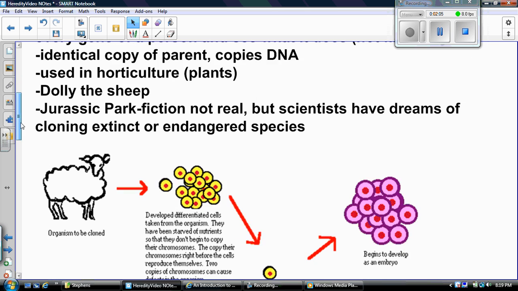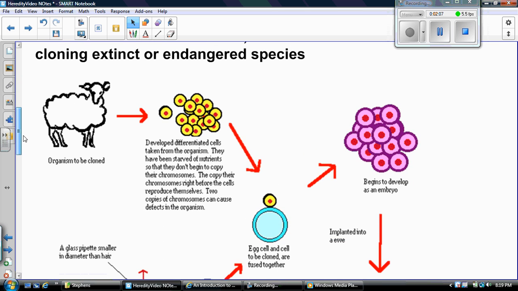So let's take a look at Dolly. Okay, so the organism to be cloned, they take the cells from the organisms. They've been starved of nutrients so that they don't begin to make copies, so they don't go through interphase and mitosis. Okay, they copy the chromosomes right before the cells reproduce themselves.